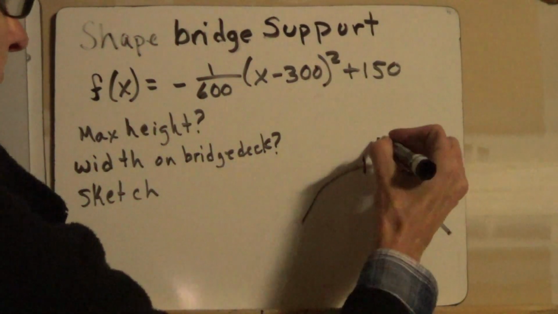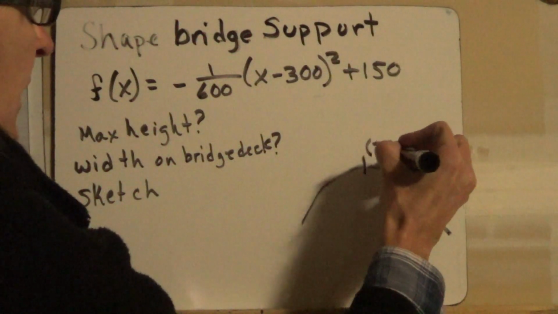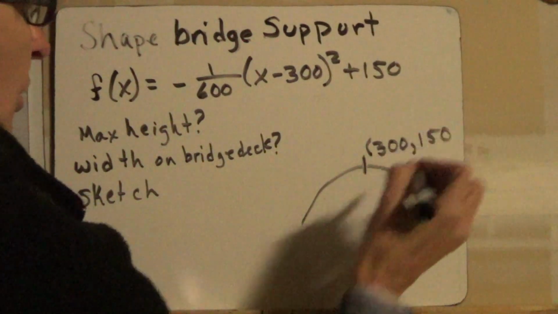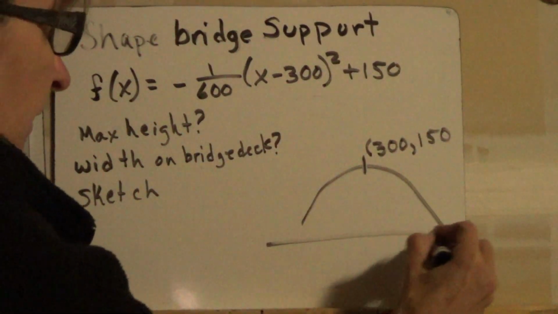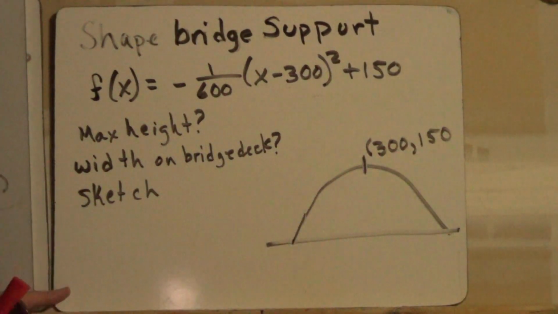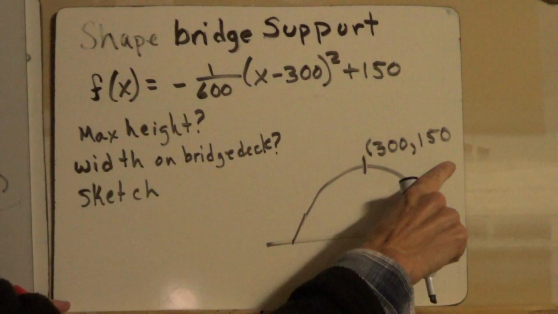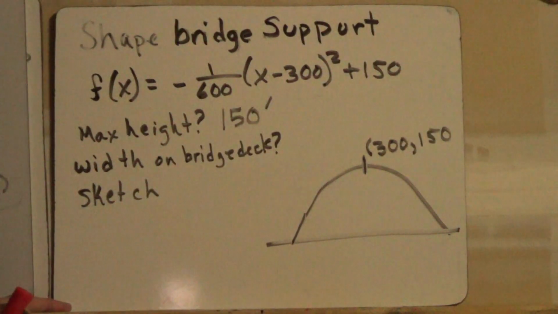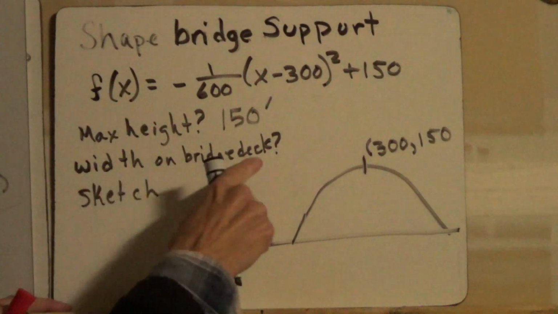And right at the top, we know we're at 300, 150. So right there, if you think about how your graph goes, you know that the maximum height is 150. So 150 feet, I'm assuming it was in feet. I'm sorry, I left off the units. They ask, what's the width on the bridge deck?